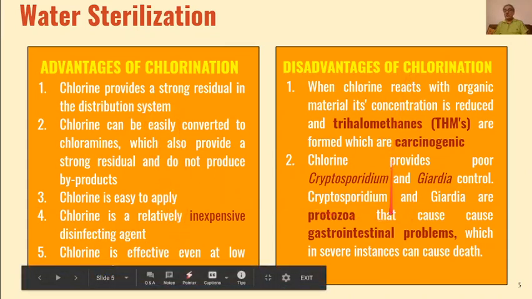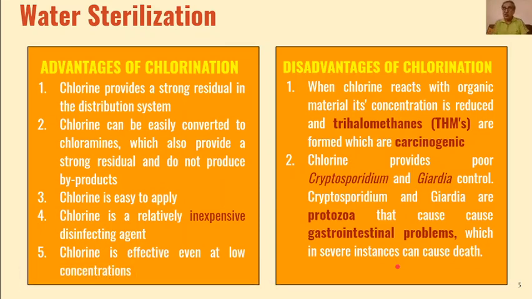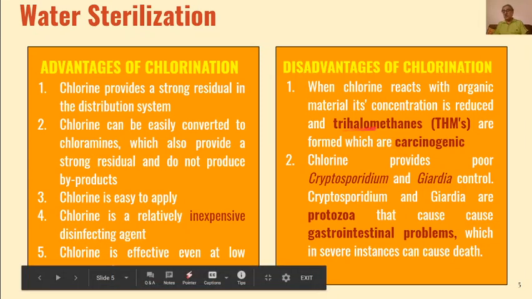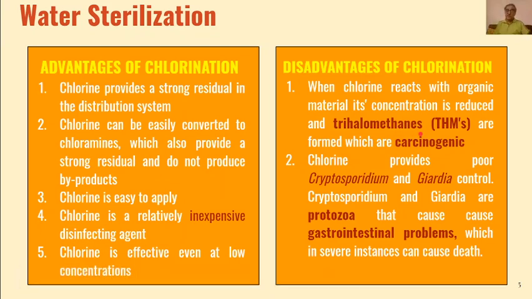Now the disadvantage is that when chlorine reacts with organic material, its concentration is reduced, and we will get trihalomethanes. And the trihalomethanes, which are formed at pH lower than 4.5, we have seen are carcinogenic in nature.